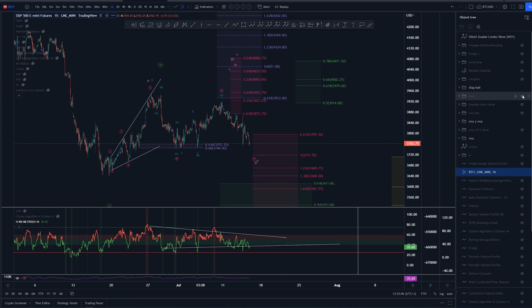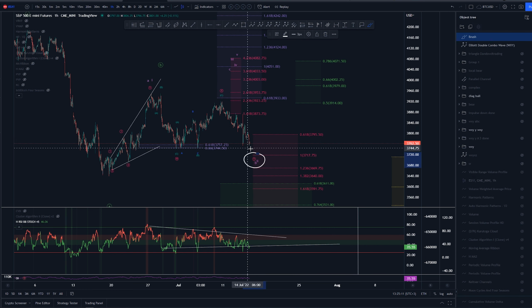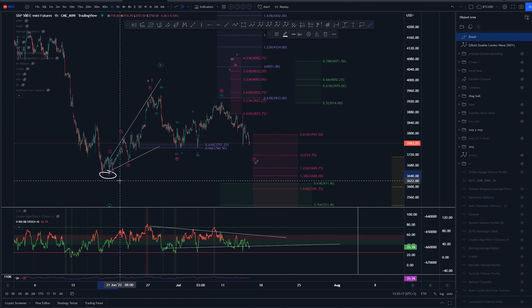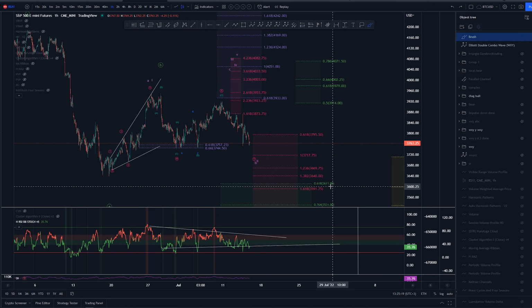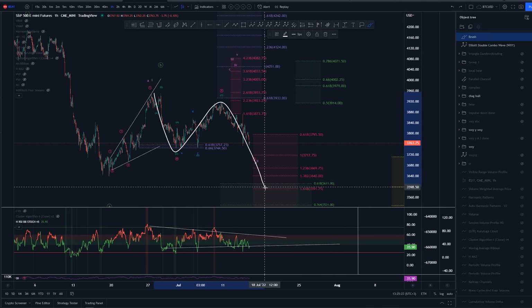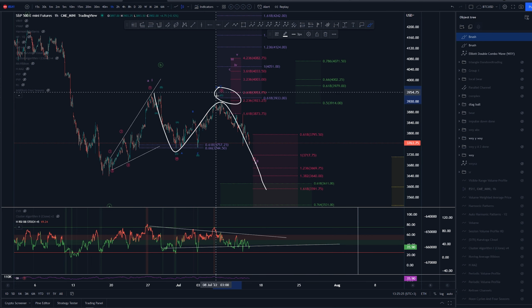But yeah, that's the bullish idea, in which again we would be pivoting around here. I wouldn't like it to go beyond these lows that we had here, just because we are getting closer to the 1.618, which I don't like having it do as a WXY.